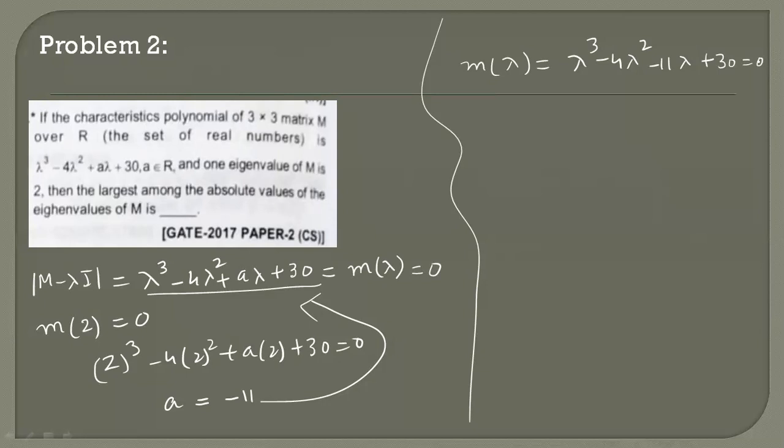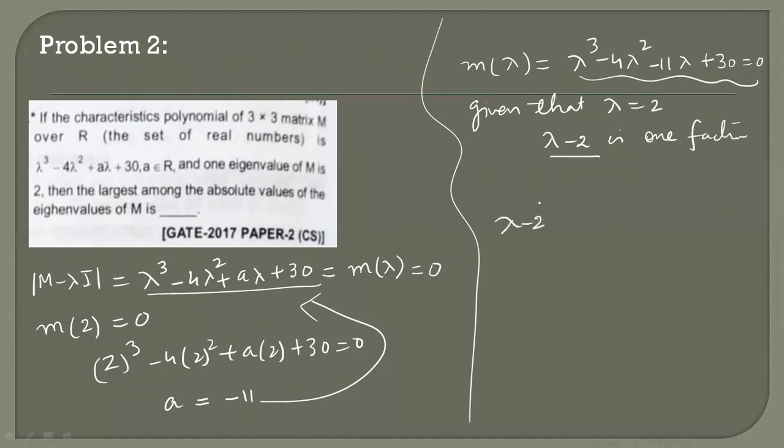One, you just suppose lambda 2 and lambda 3 and use the sum of the eigenvalues, the product of the eigenvalues, and take pairs of eigenvalues and add. The second method is, it is given that lambda equal to 2 is one eigenvalue, it means lambda minus 2 is one factor. So for the other factor, you just divide this expression by lambda minus 2 and you can get another factor, and by factorizing that factor, we will get the other eigenvalues.